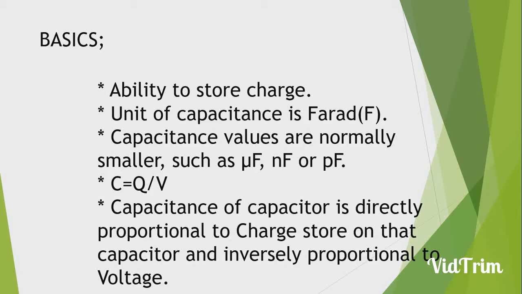Capacitance values are normally small, such as microfarad, nanofarad or picofarad, and the capacitance formula is C equal to Q divided by V. Capacitance of the capacitor is directly proportional to the charge on that capacitor and inversely proportional to the voltage. Okay, these are the basics of the capacitor.